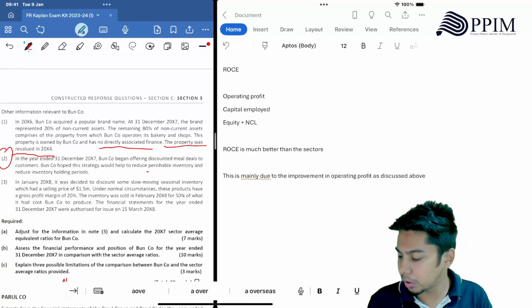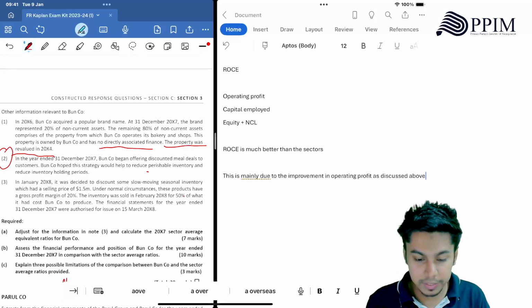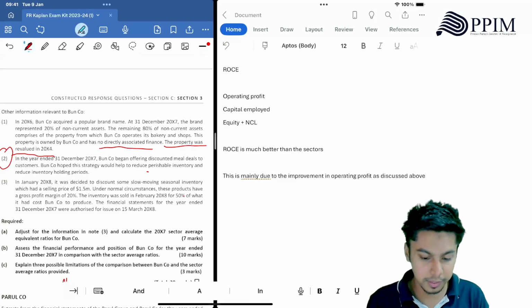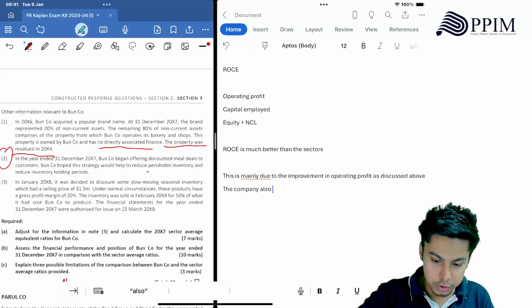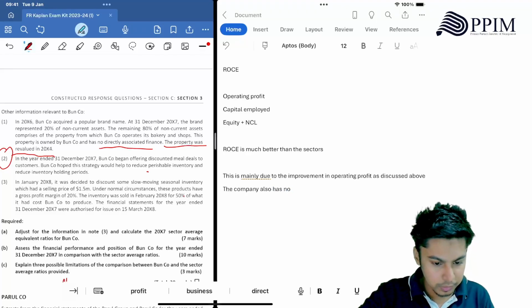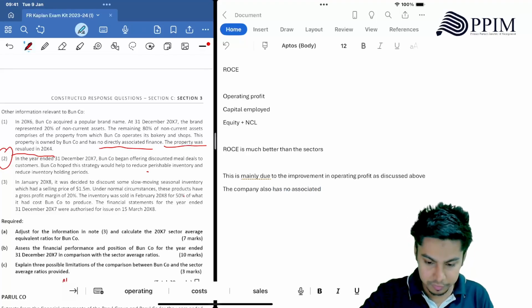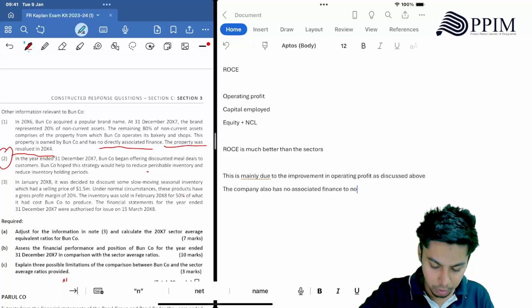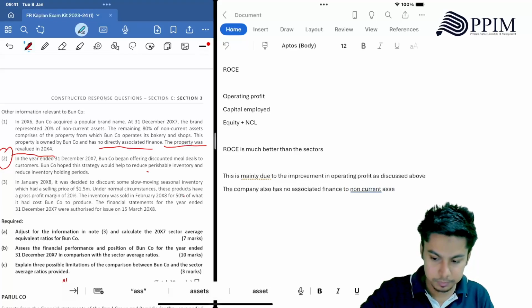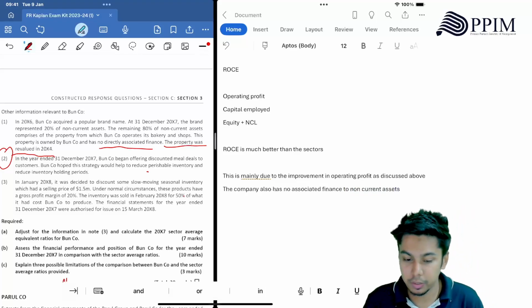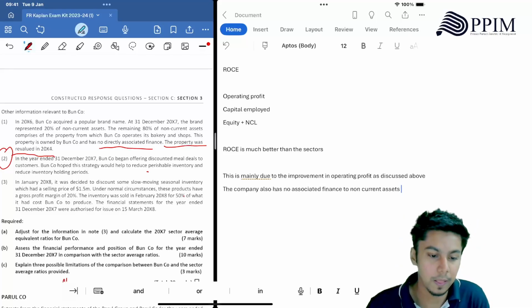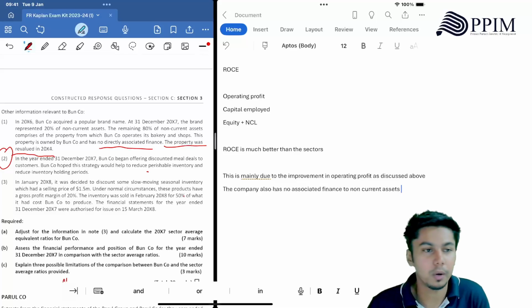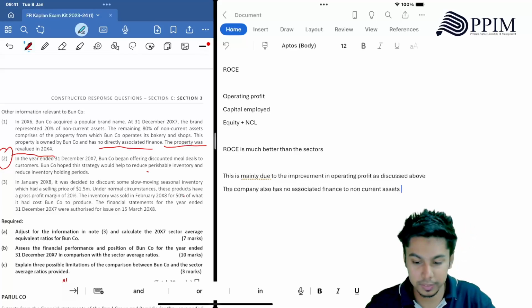Then guys, you can also tell another reason why our ROCE is better. The company also has no associated finance to non-current assets. Now, if you are thinking how can that lead to an improvement in ROCE, look at this.